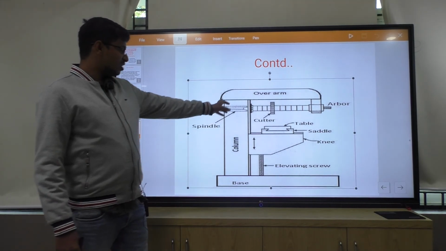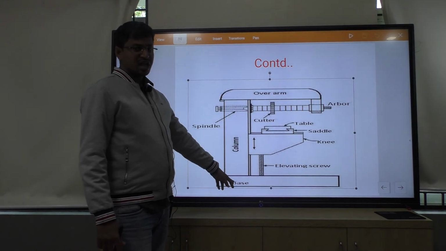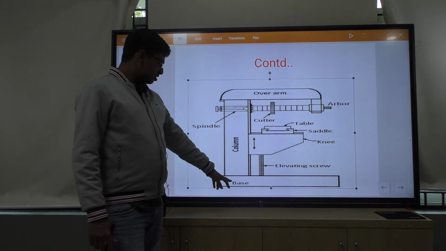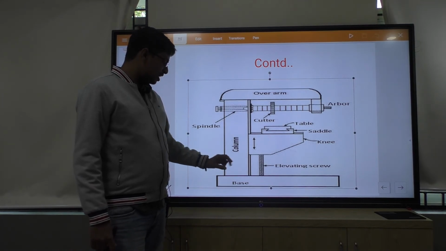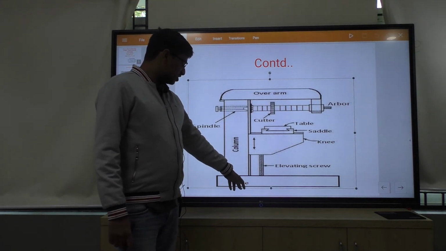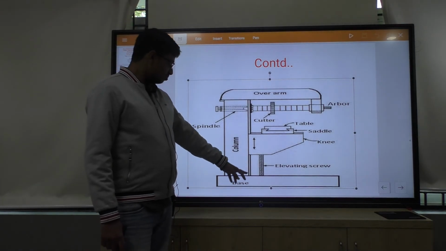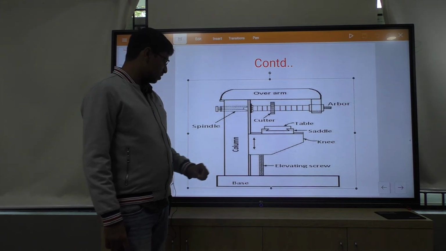That means if there are more vibrations, this base absorbs these vibrations. Sometimes in some milling machines, the base is made hollow. Why? When cutting fluid is used, the cutting fluid is stored in the base.